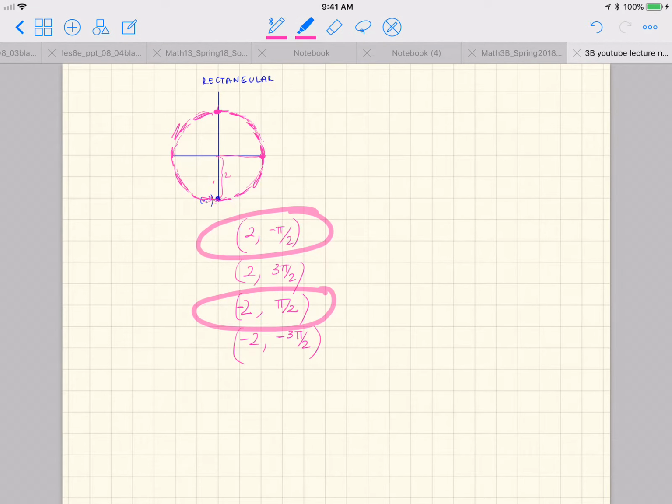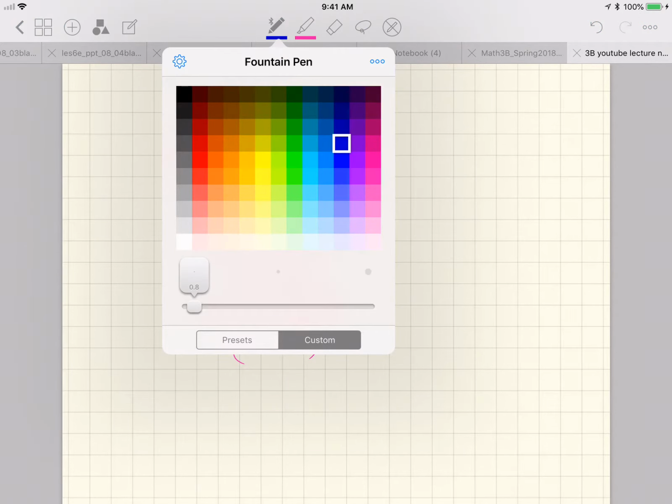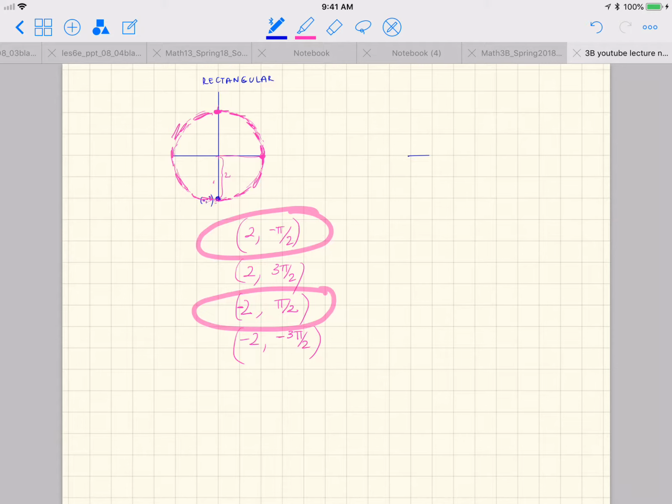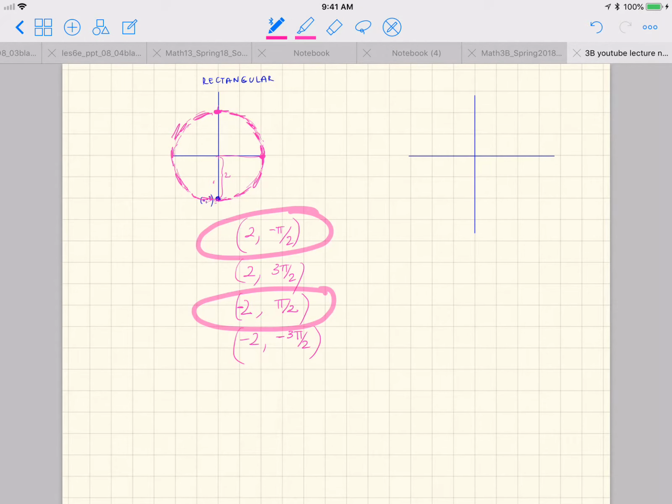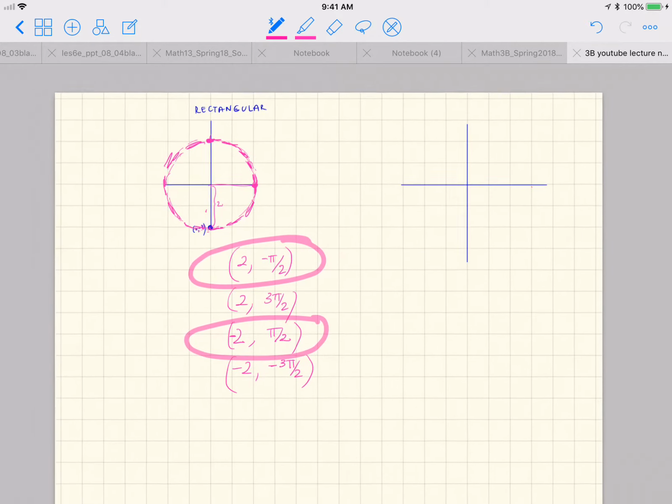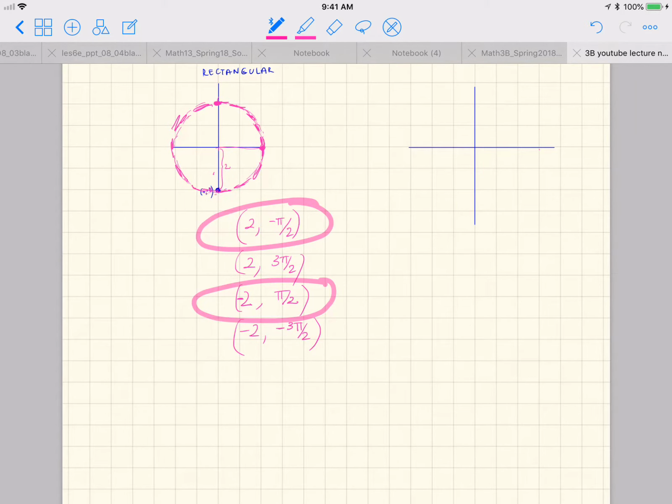Okay, our last one is 3, comma, 4. So over 3 and up 4. So this is rectangular.